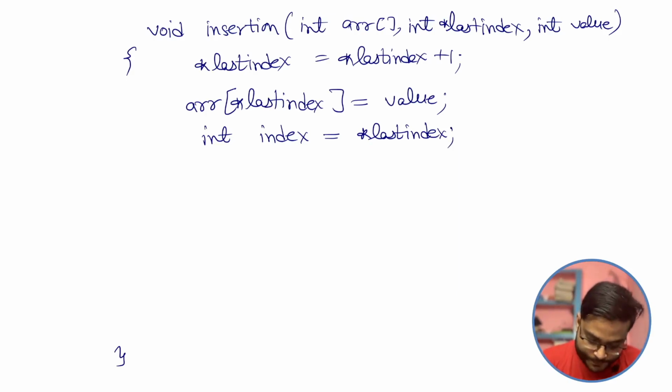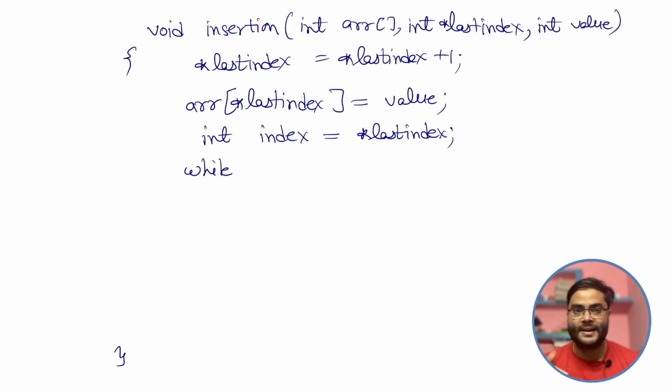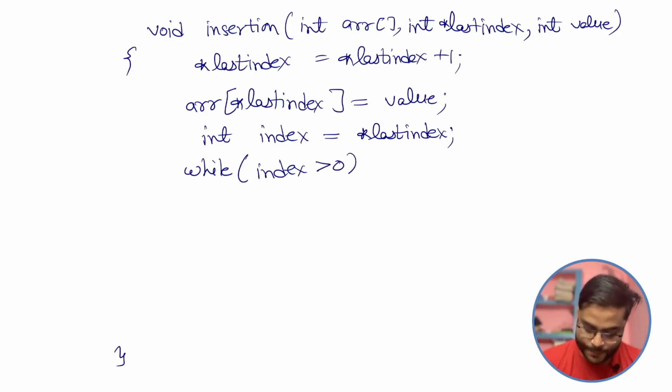Now I will check whether I have inserted at the correct position or not. I will check whether the value at my current last index is greater than its parent or not, till my index is greater than 0.